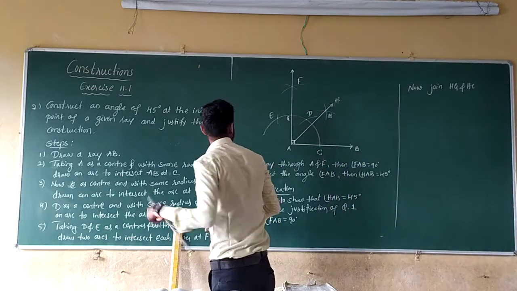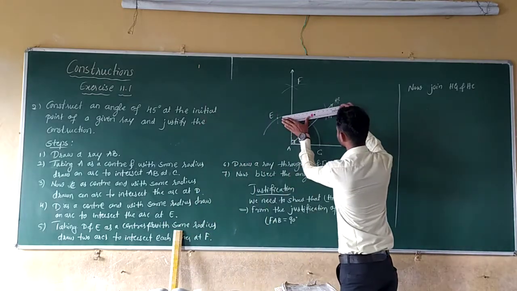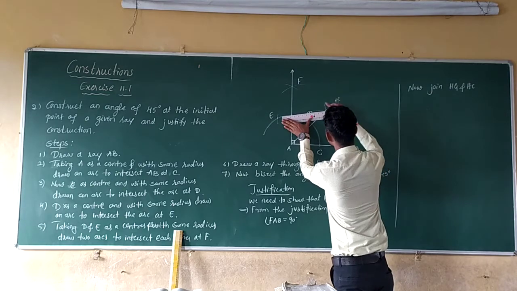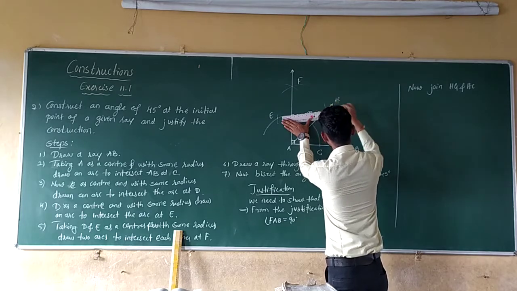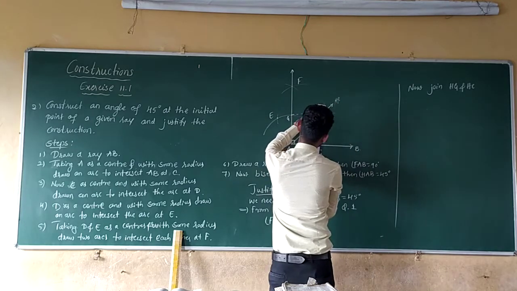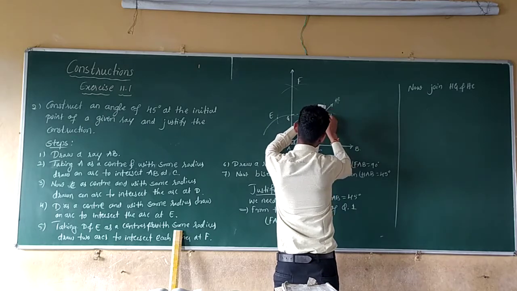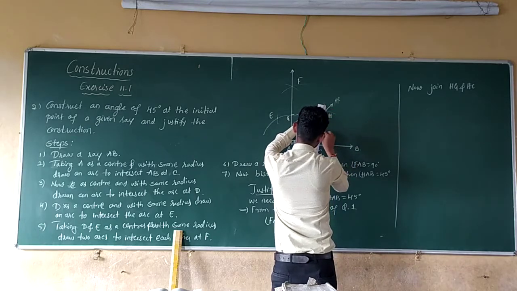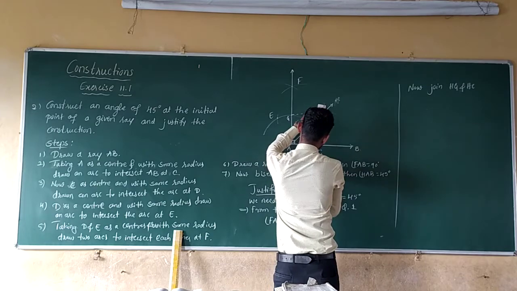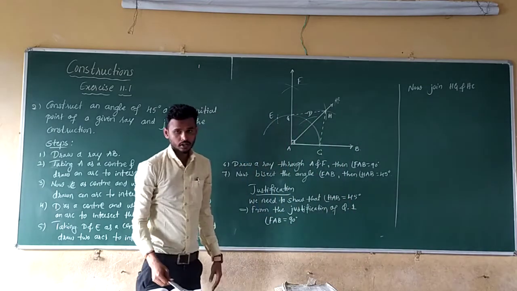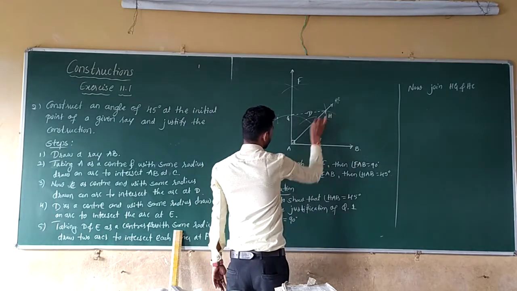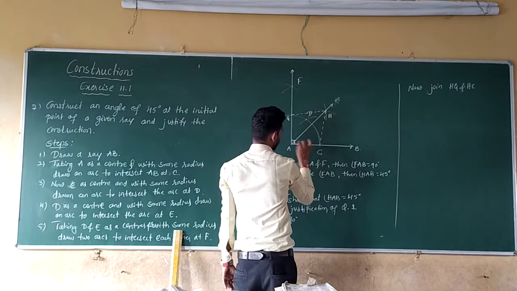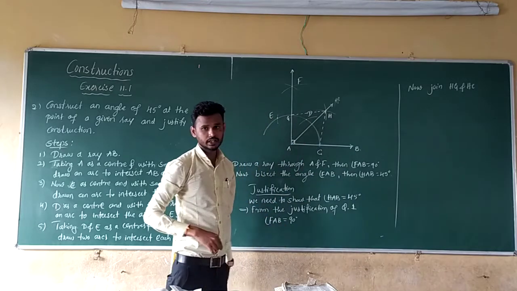Okay, join those. So next, you get two triangles here, HAG and HAC. Show that those two triangles are congruent.